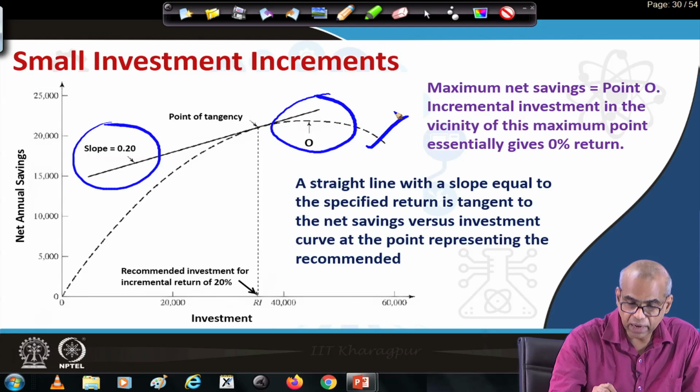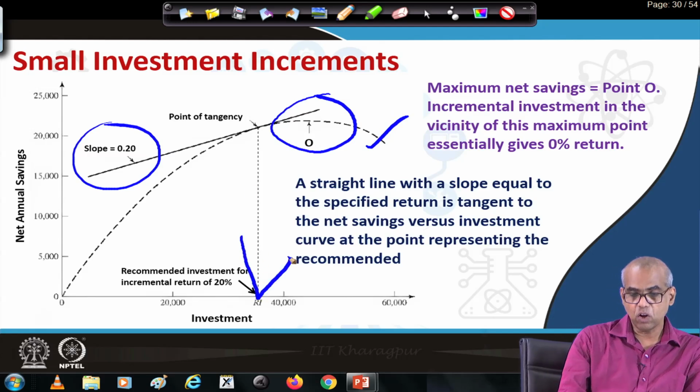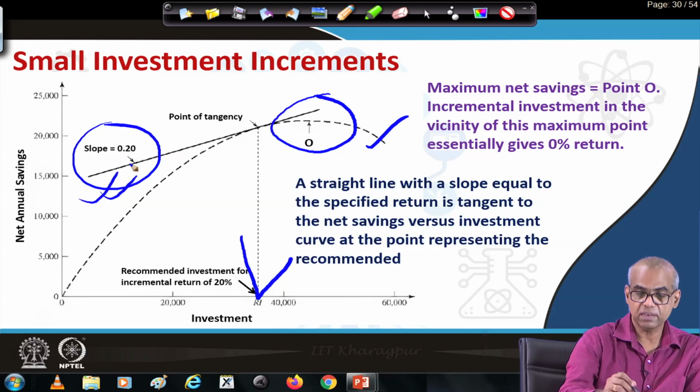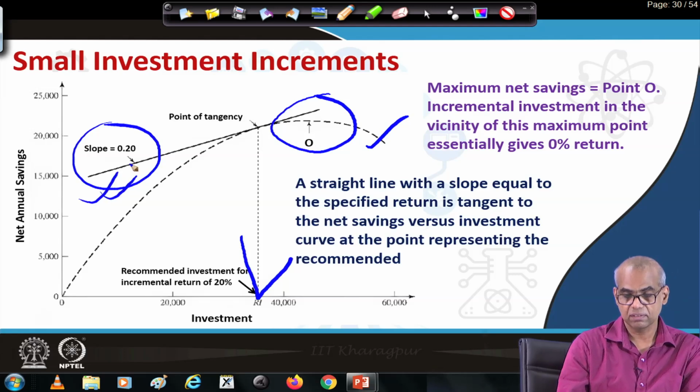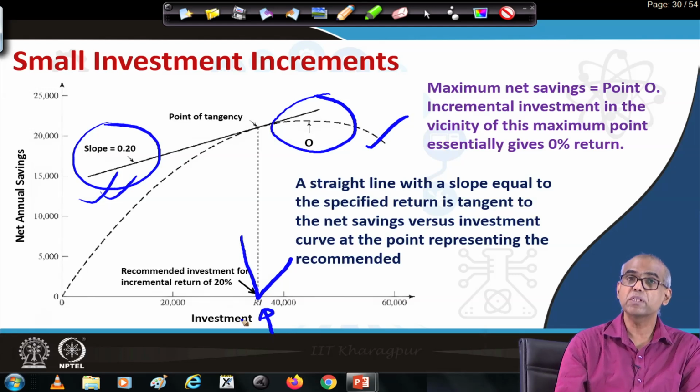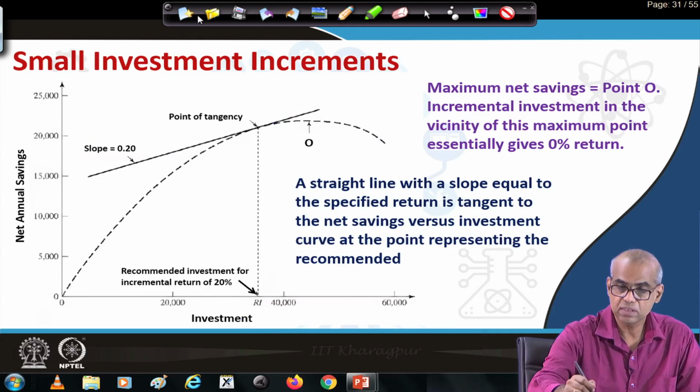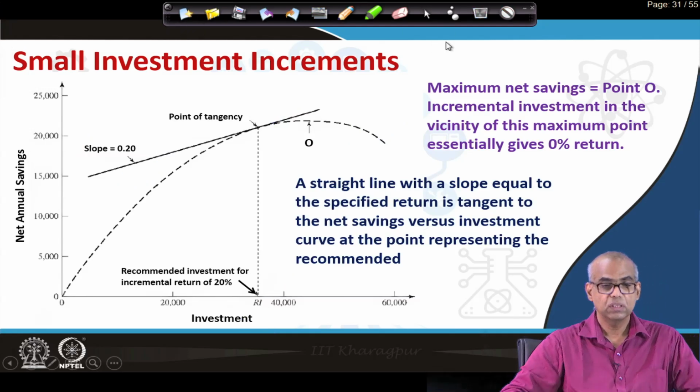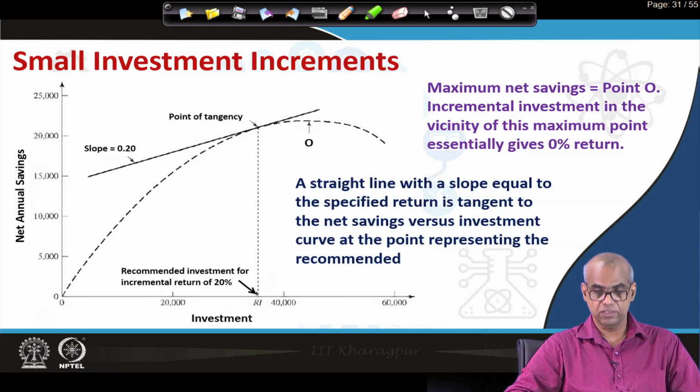So, the point of tangency gives me the recommended investment for the incremental specified rate of return, which is 20% here. So, this gives me the investment required for 20% return. So, this is how we can do the incremental analysis.